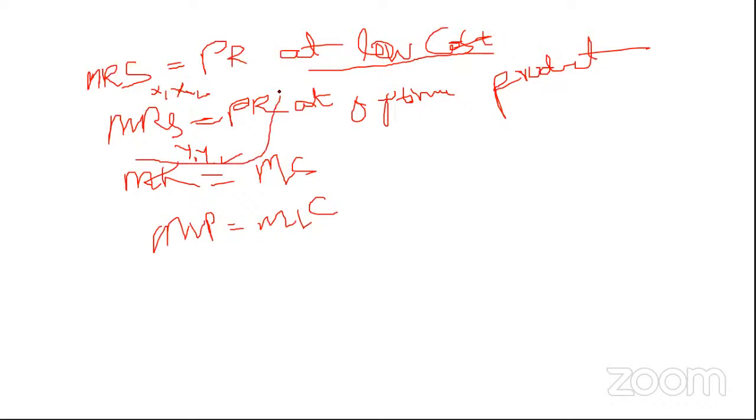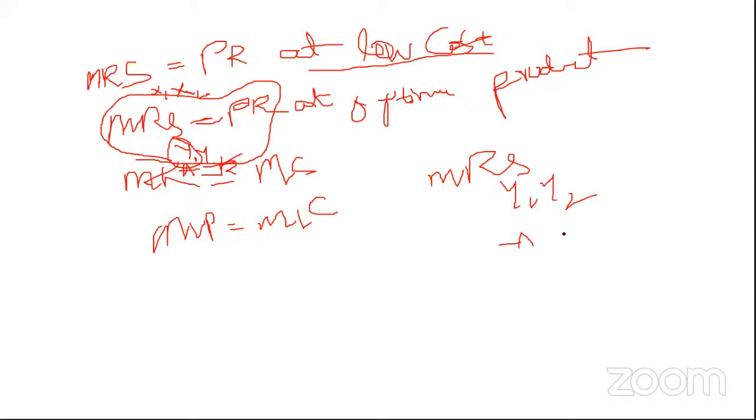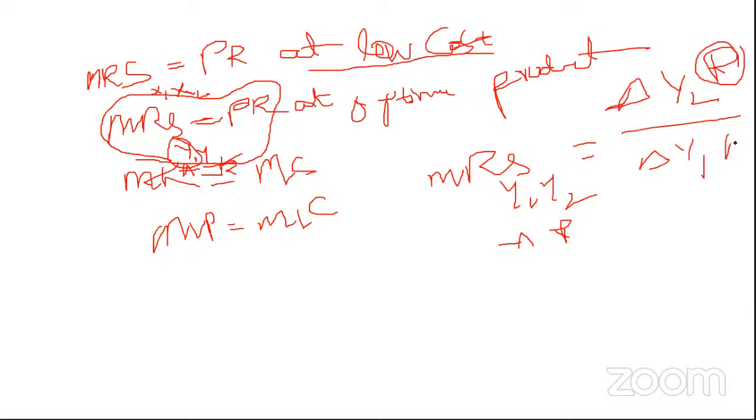So this is the optimum product point: the marginal rate of substitution of y1 for y2. Y1 is the added product, y2 is the replaced product. Remember this. The formula is change in the replaced output divided by change in the added output, same as factor substitution: upper side is the replaced, lower side is the added resource.